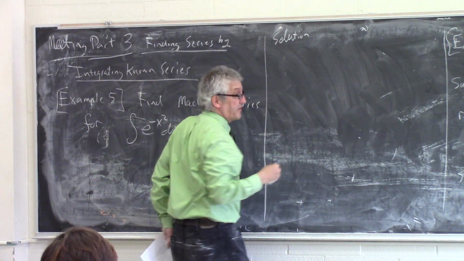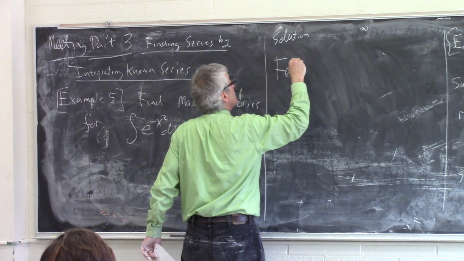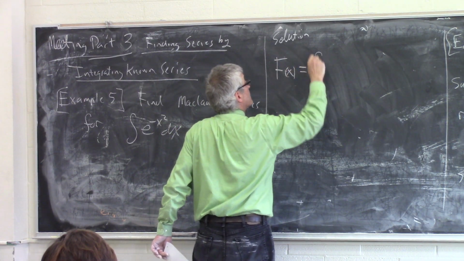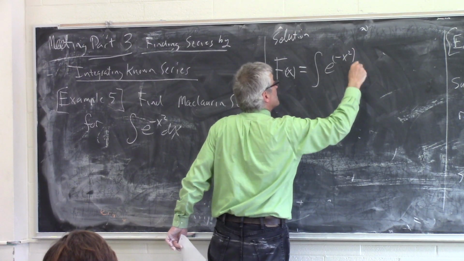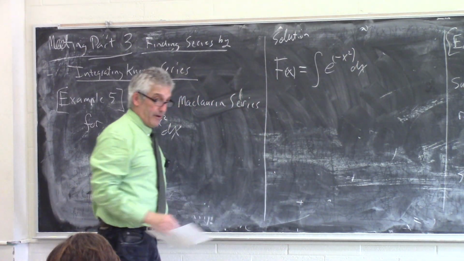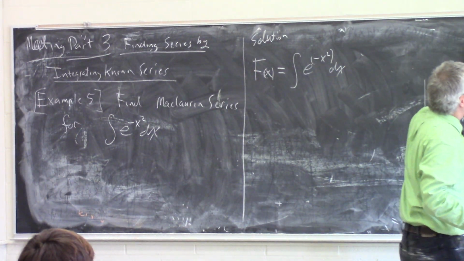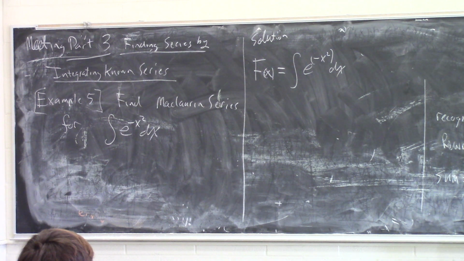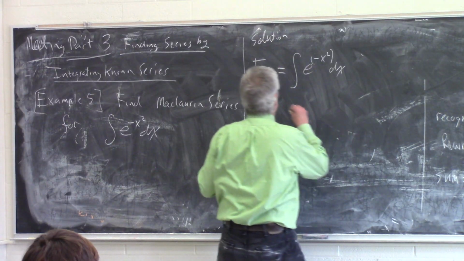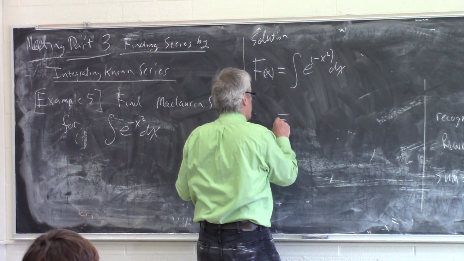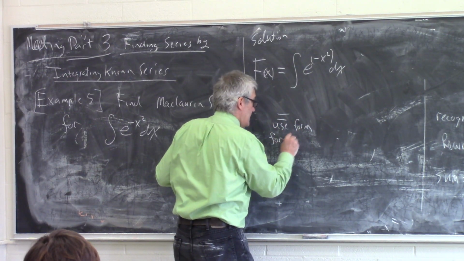I'm going to give our series a name. I'm going to call it capital F of X. You'll see why. So this thing. Now, how do I do that? Well, we have a series, a form for e to the parentheses. So we're going to use the form for e to the parentheses.